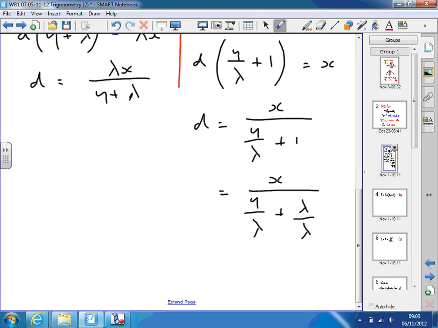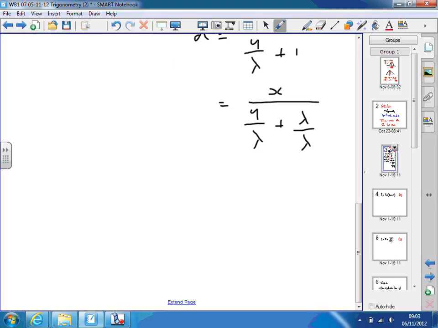And 1 is just one thing divided by itself, isn't it? 3 divided by 3 is 1, 4 divided by 4 is 1, lambda divided by lambda is 1. So I just call 1 lambda over lambda. And now I've got the same denominator, and I can say that this equals y plus lambda all over lambda.